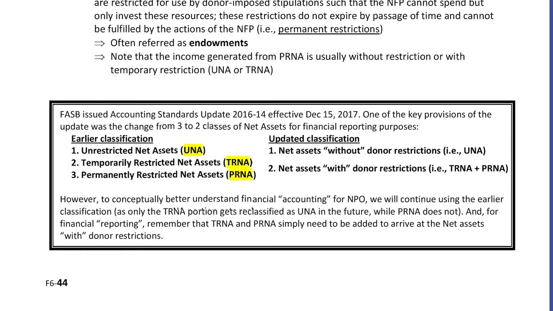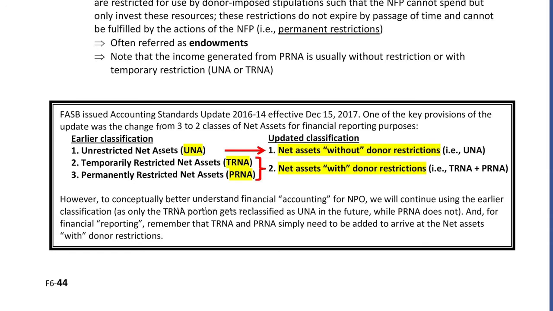Now, FASB now has an updated classification for reporting purposes, where UNA, put an arrow and highlight, net assets without donor restrictions. And they've combined TRNA and PRNA, put a bracket and highlight, net assets with donor restrictions.